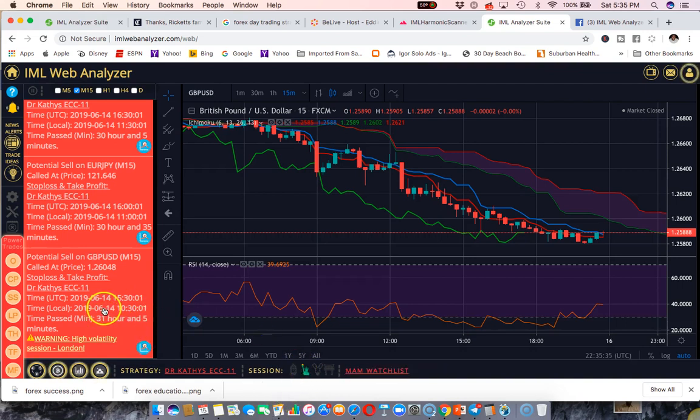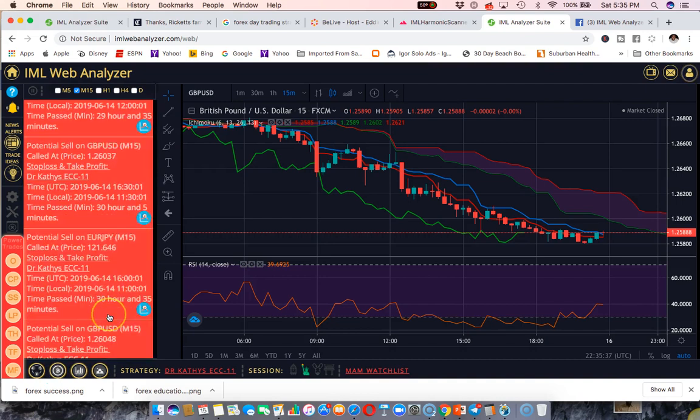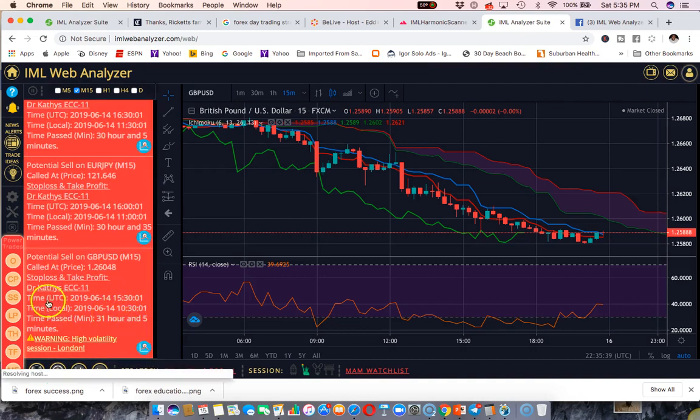Let me go. What time frame is it on? So it gives you the time. Here's the cool thing. Let me tell you this. It tells you what the potential setup is, right? Potential sale on GBP USD on the 15-minute chart call. It tells you the price 1.26048. Stop loss and take profit. Dr. Kathy's ECC11 strategy is giving you the universal time, local time, and time passed.